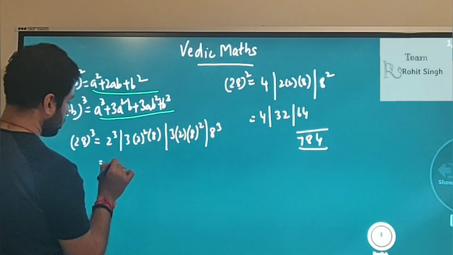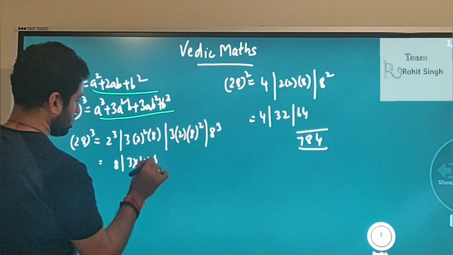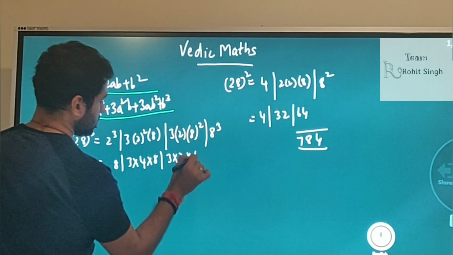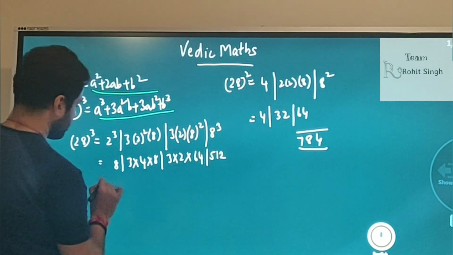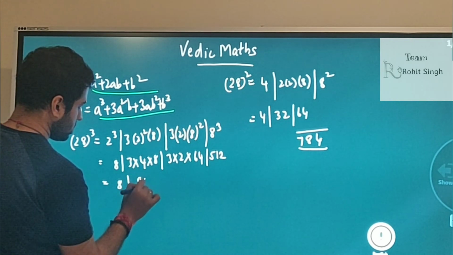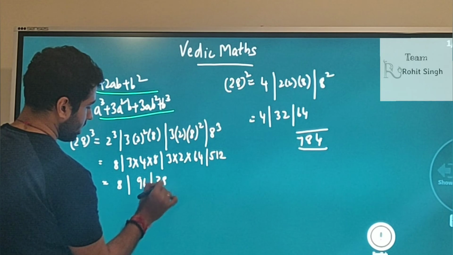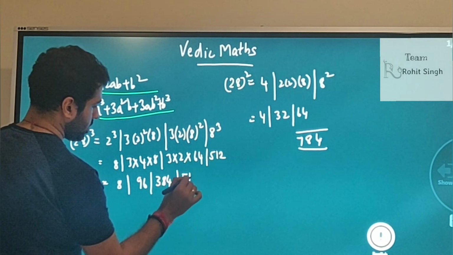So 2 cube is 8, 3 into 4 into 8, 3 into 2 into 64, and 8 cube is 512. So we get 8, 96. This one will be 384 and this one will be 512.